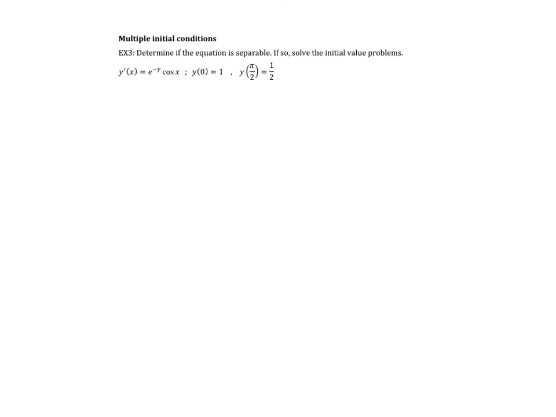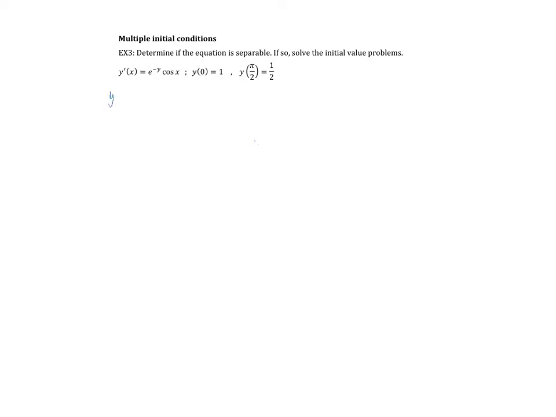In example 3, we're going to be looking at having multiple initial conditions. So if you have multiple initial conditions, you're going to get multiple solutions. Now we're going to determine if this equation is separable, and it looks like it is.